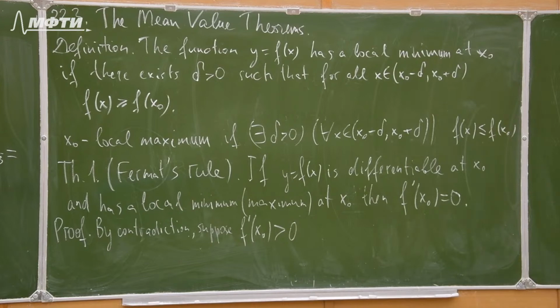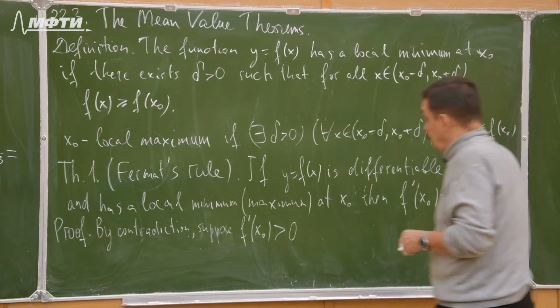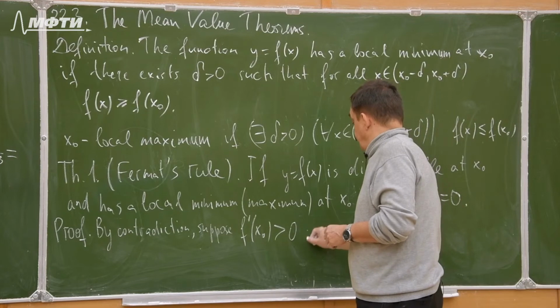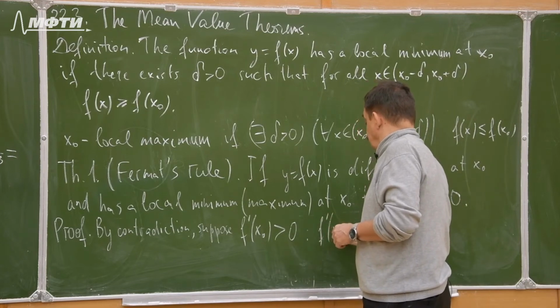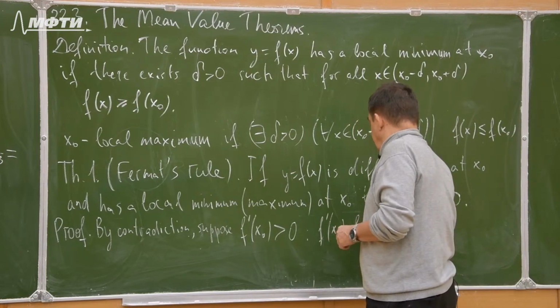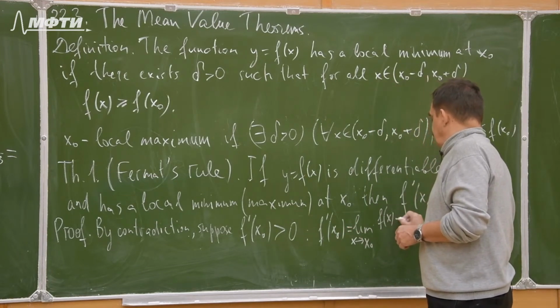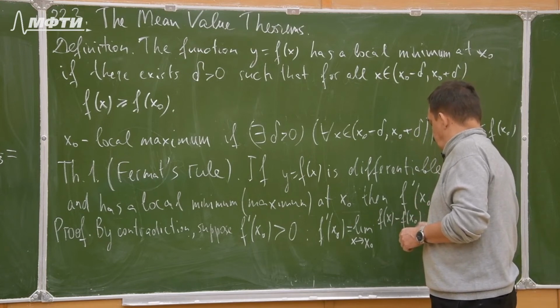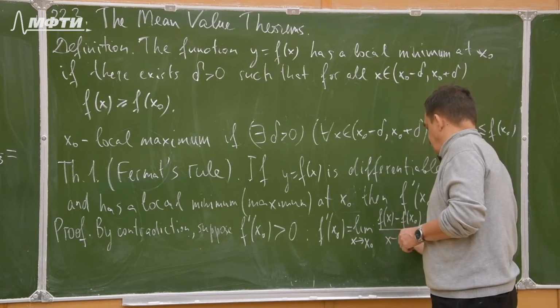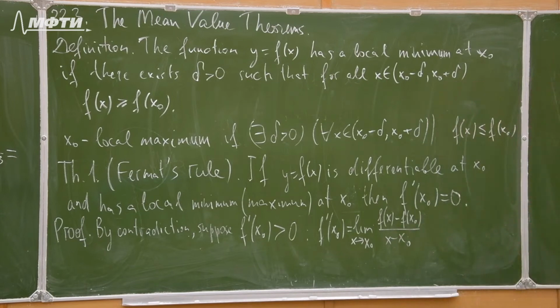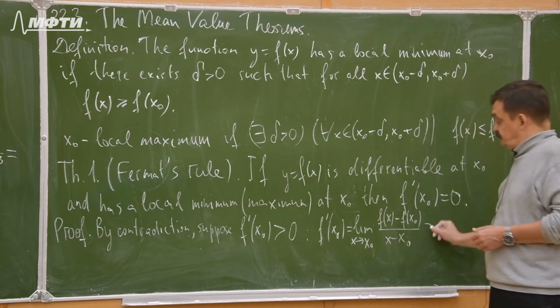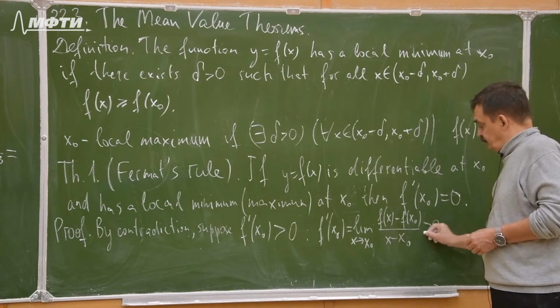So let's say greater than 0. So what is f prime? f prime at x naught is the limit as x tends to x naught of f of x minus f of x naught over x minus x naught. And it is positive, as we know.